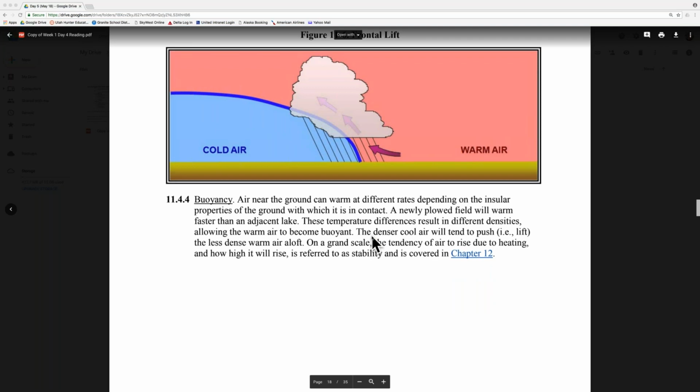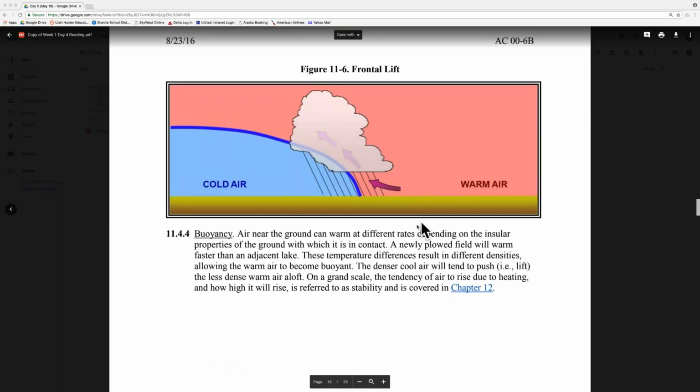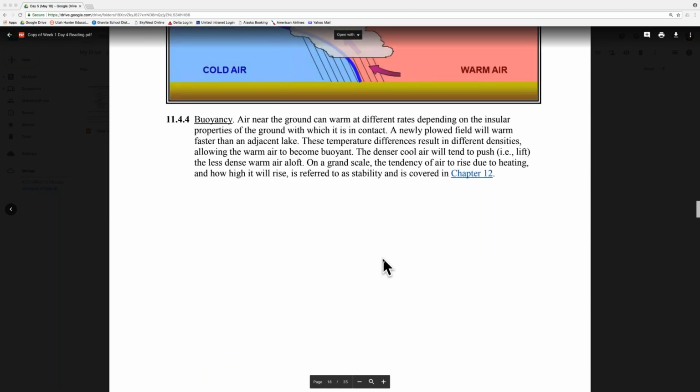So buoyancy. Basically, the air near the ground can warm at different rates depending on the insulation properties of the ground with which it's in contact. So depending on the type of ground, it can warm or cool at different rates.